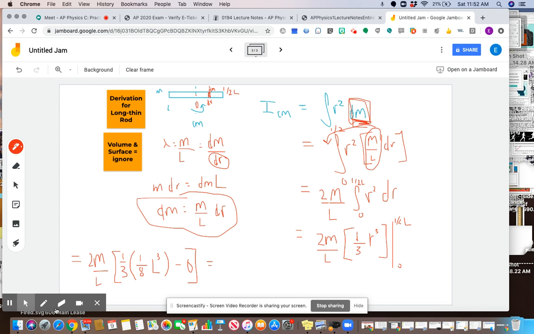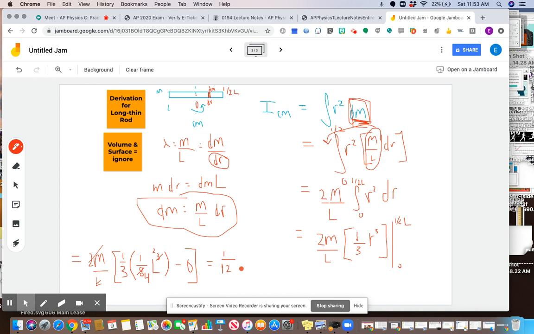So when I simplify here, the 2 will cancel. This will become a 4. 3 times 4, I get 12. One of my L's will cancel.